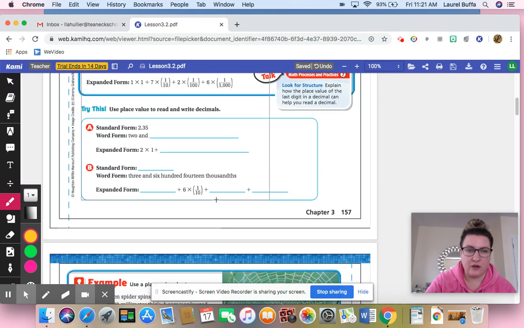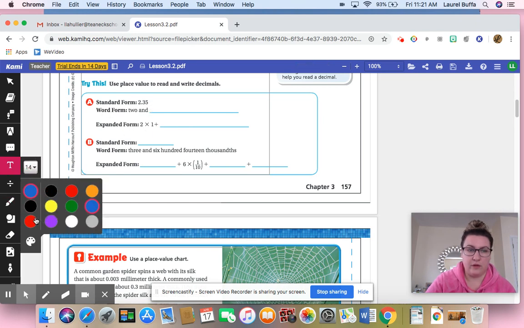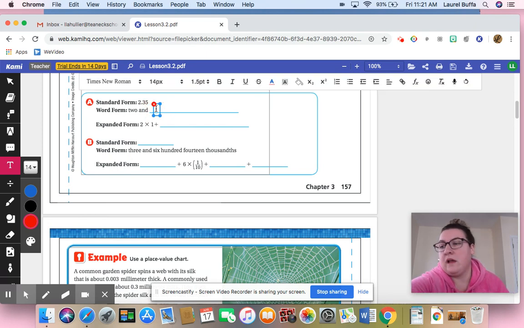So under Try This, in letter A, it gives us the standard form, which is the number, 2.35. Now they want us to write the word form. 2 and, now remember, a number with 2 places to the right of the decimal point represents hundredths.